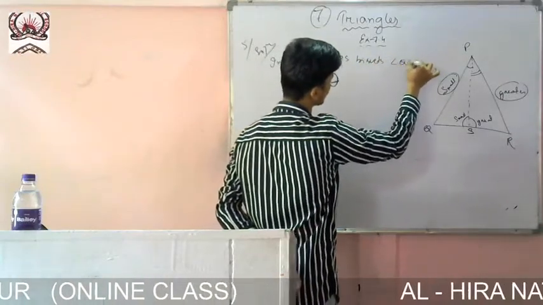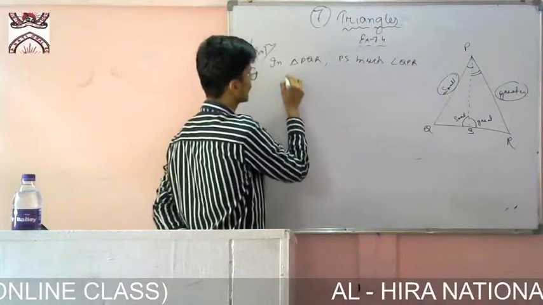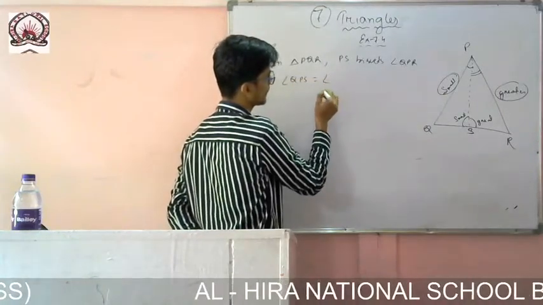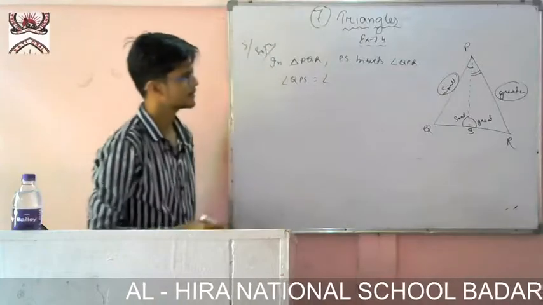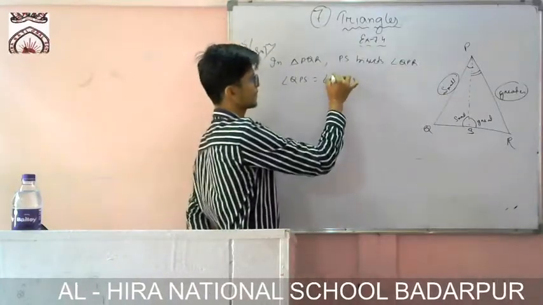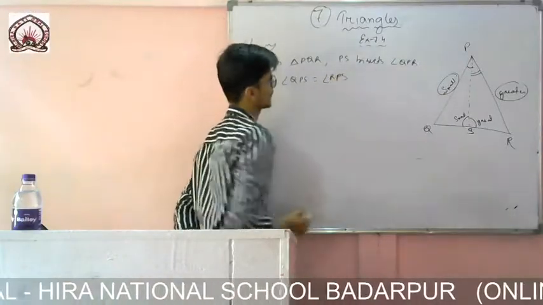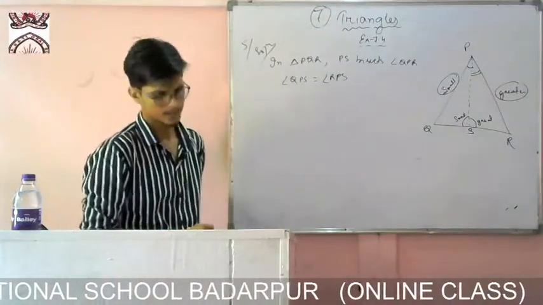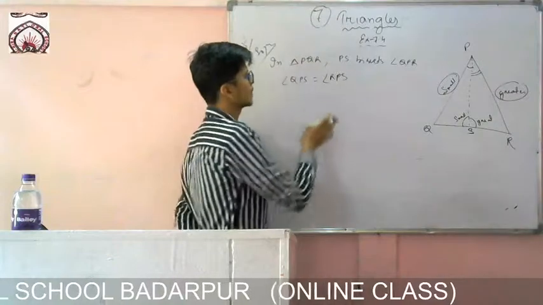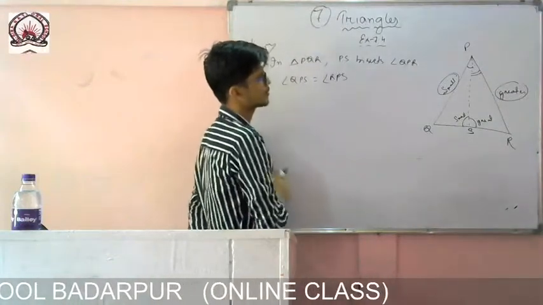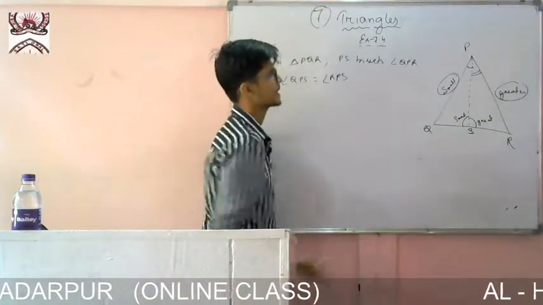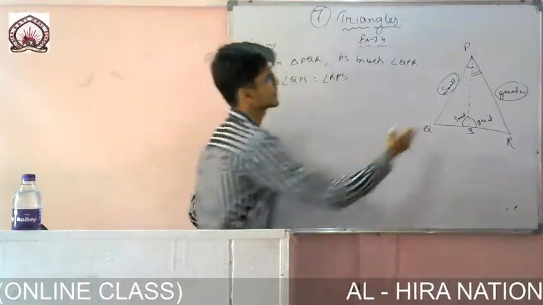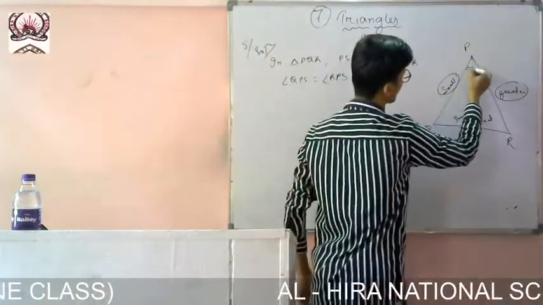So angle QPS will be equal to angle RPS. Okay. So this one we have just got, because this PS line bisects this angle into two equal parts. That means both the parts will be the same. This one and that one will be the same.